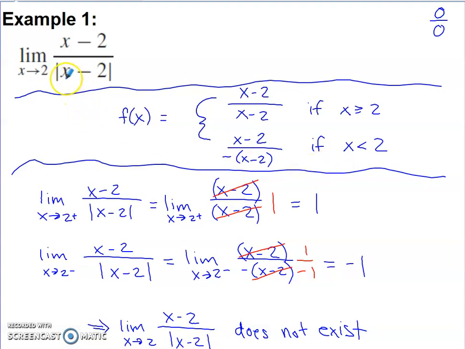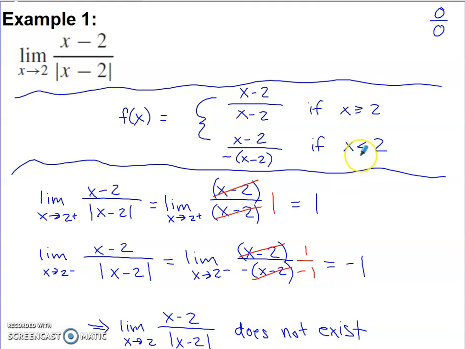If I'm putting a value like 1 in for this x, 1 minus 2 is negative 1. The absolute value of negative 1 is 1. So what do the absolute values do to what ends up inside of them? They change the sign of that negative to a positive. If x is less than 2, we are guaranteed that what is right here is going to be negative.